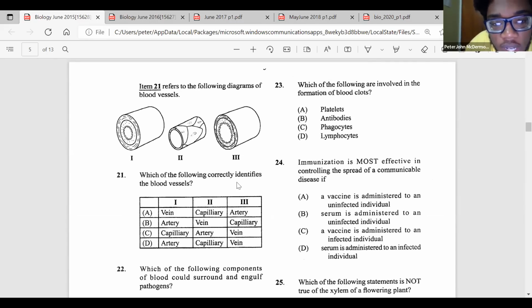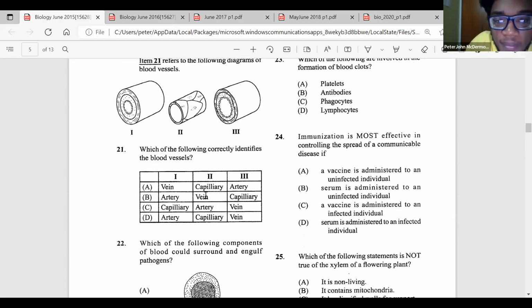Which correctly defines the blood vessels? 5 seconds for this, guys. Guys, you're just flying through this exam. D. So you guys said D. All right, guys.